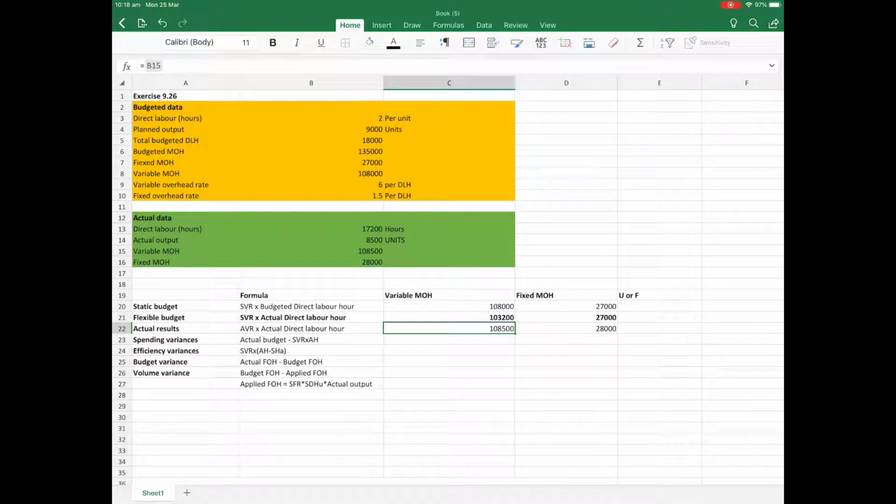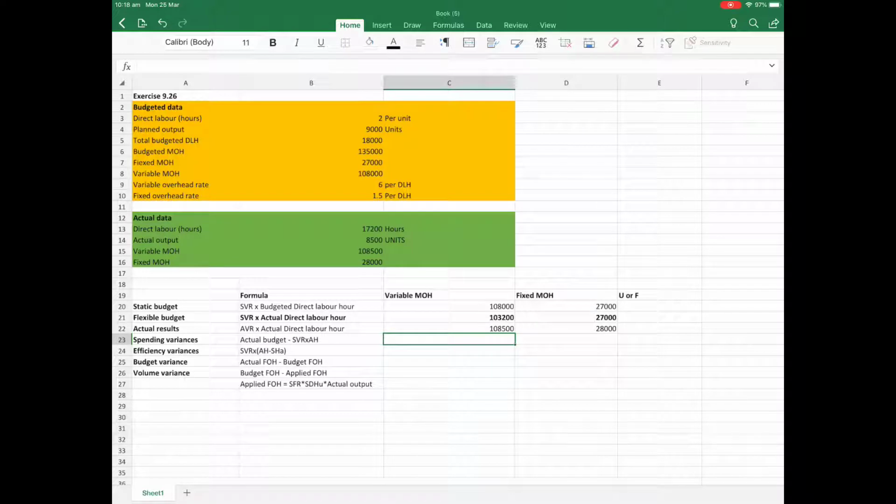For instance, given $108,500 and actual direct labor hours of 17,200 hours, if we divide this amount by the direct labor hours, we will have the actual variable rate. But we don't have to do that because they give us the total variable overhead, so we just use that. Now we can calculate the spending variance.